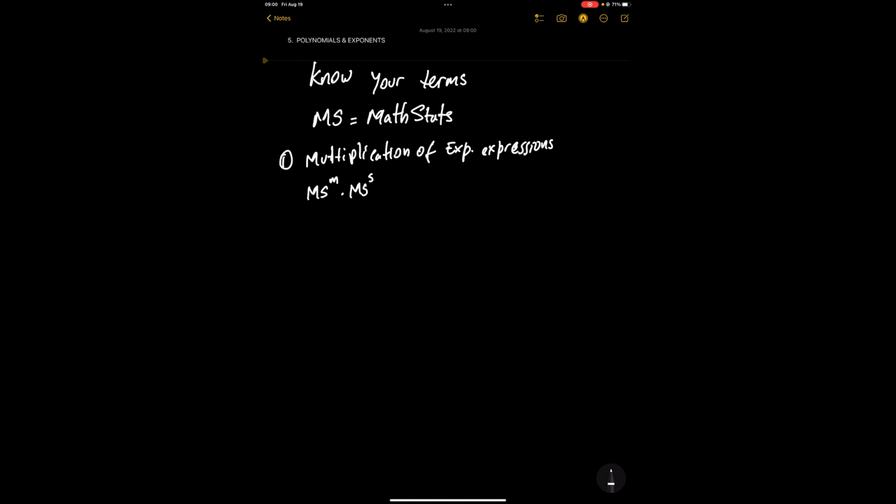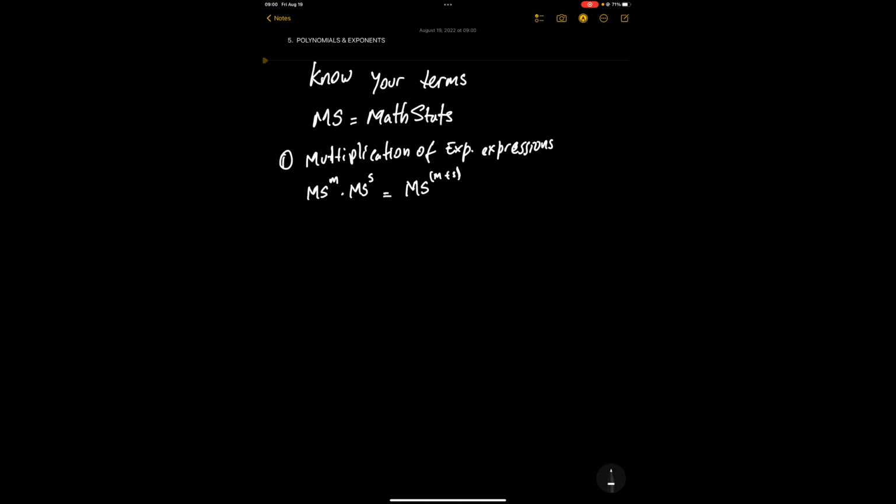What that gives you is MS to the power of m plus s. So if you multiply MS m times by MS s times, you would add the exponents of MS.